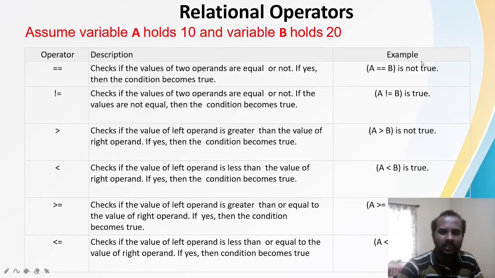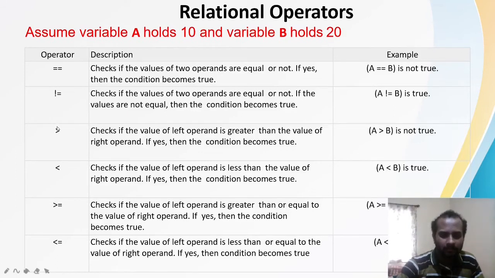So it is going to have false. Not equal to. Not equal to, that means the two variables which we want to compare should not be equal. So A is not equal to B, right? 10 is not equal to 20. So it is true.